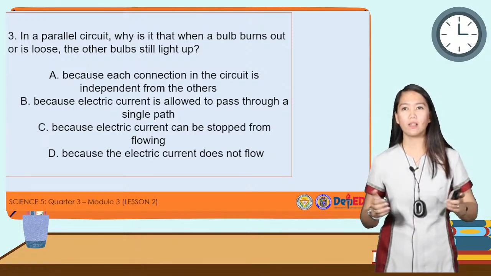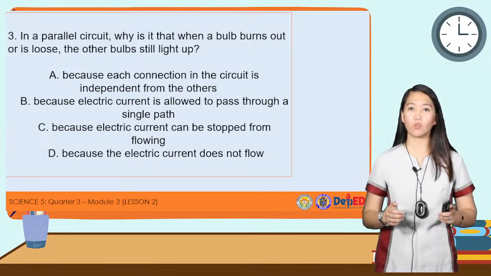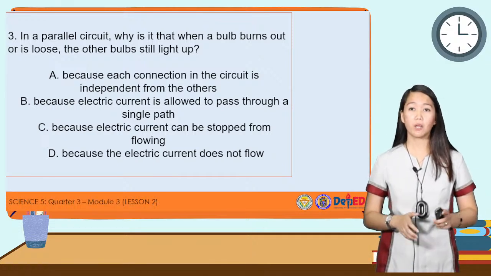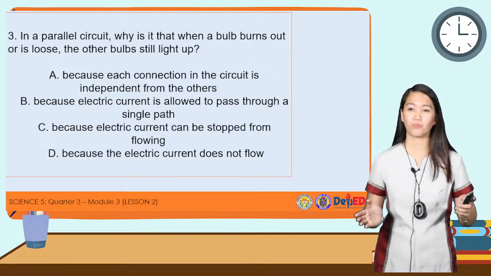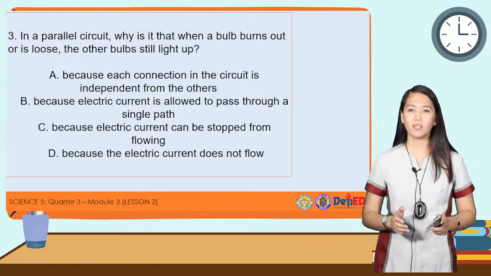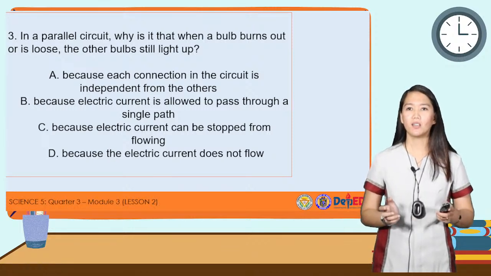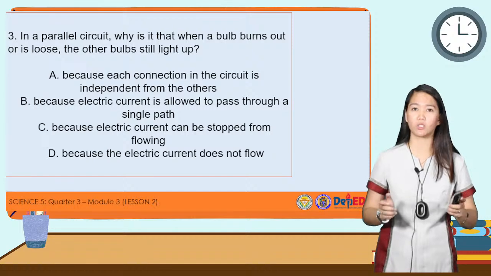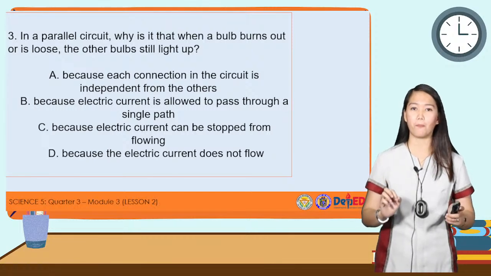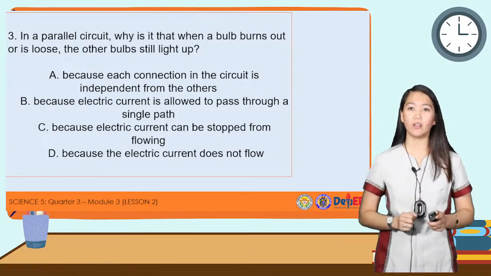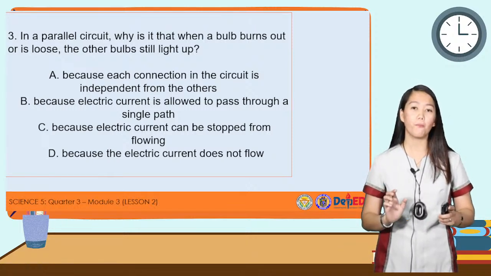In a parallel circuit, why is it that when a bulb burns out or is loose, the other bulbs still light up? Letter A, because each connection in the circuit is independent from the others. B, because electric current is allowed to pass through a single path. Letter C, because electric current can be stopped from flowing.